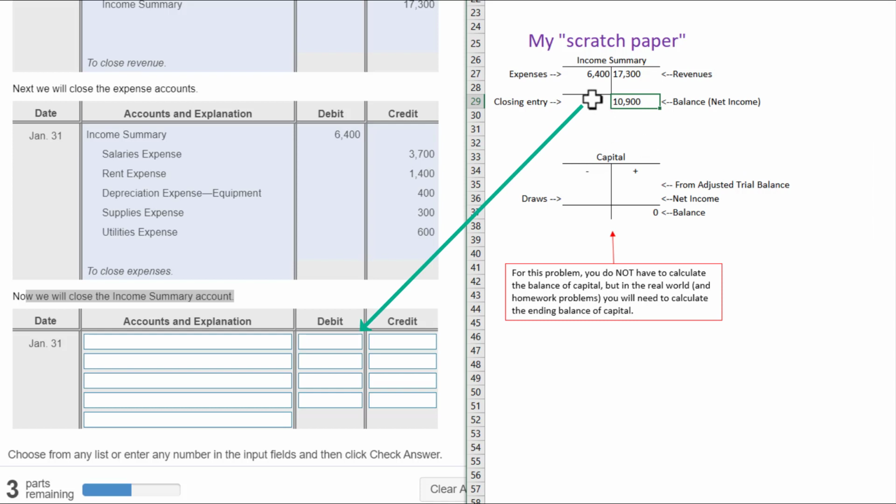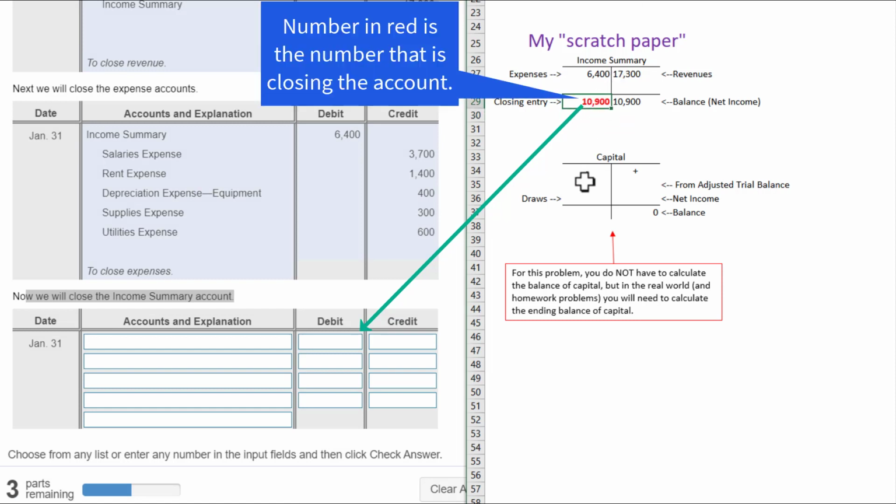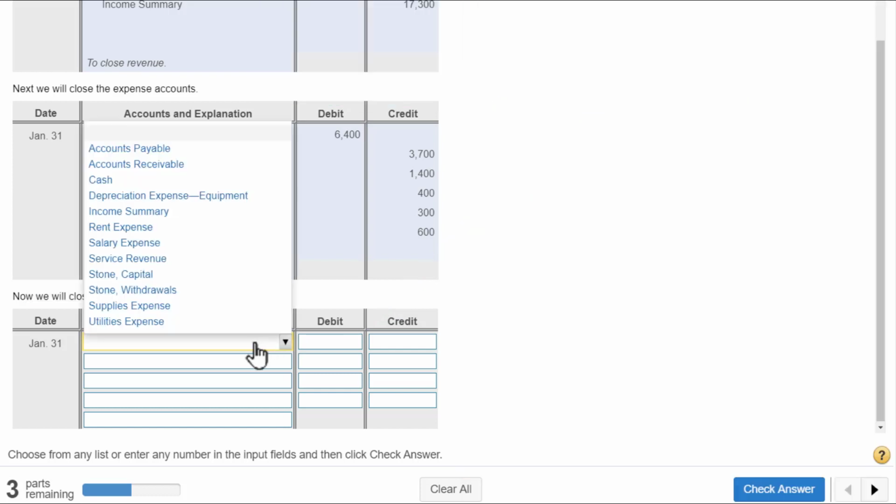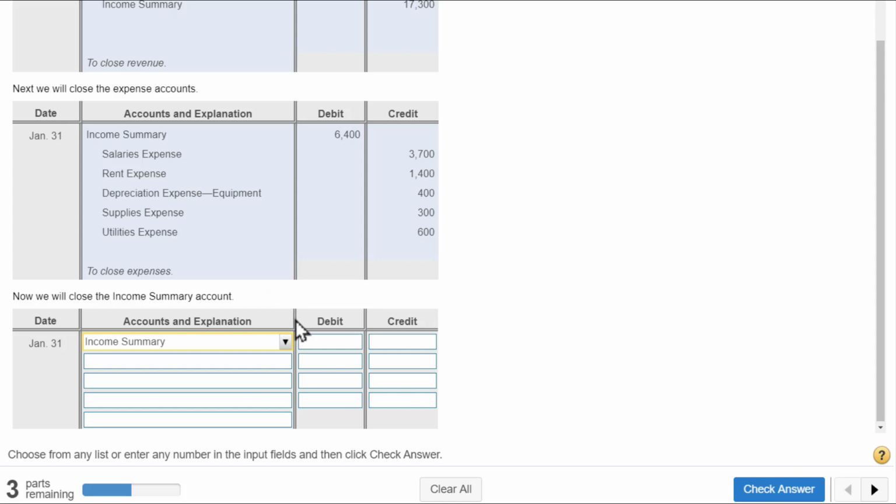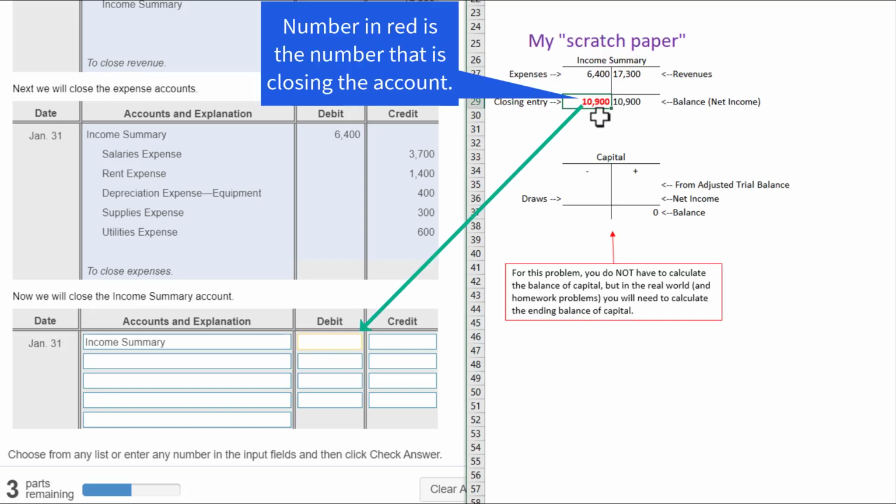I'm going to close it by putting the 10,900 on the other side. And the reason I put the font for this number in red, the closing entry in red, is because it's easier for me to remember that this is my closing entry, not the other 10,900. So notice this is my closing entry and this is a debit, so I need to debit income summary. And the number was 10,900.